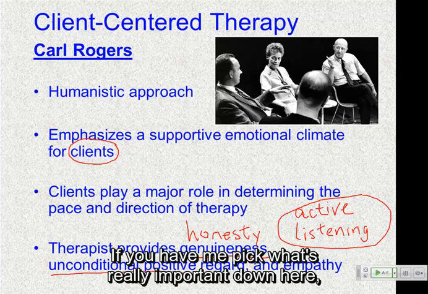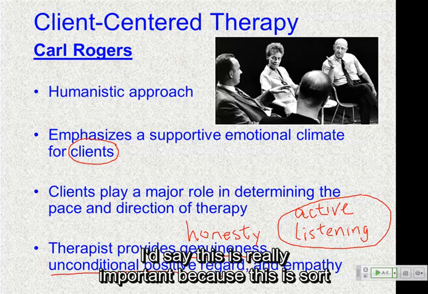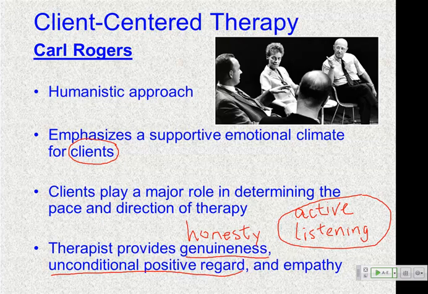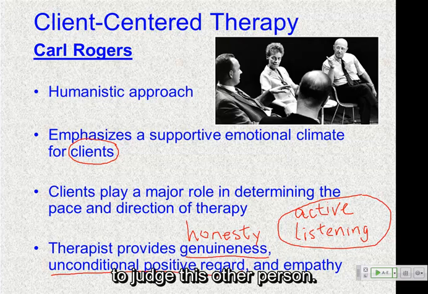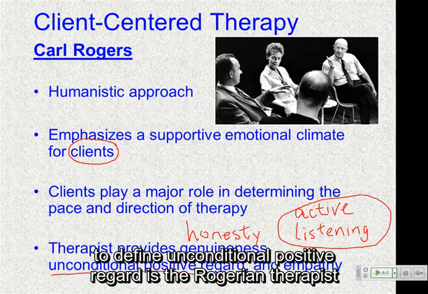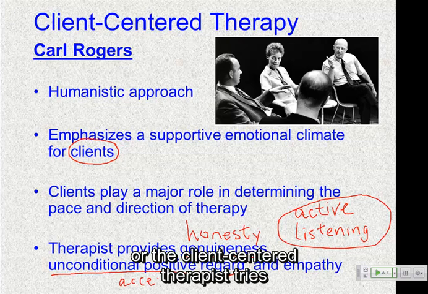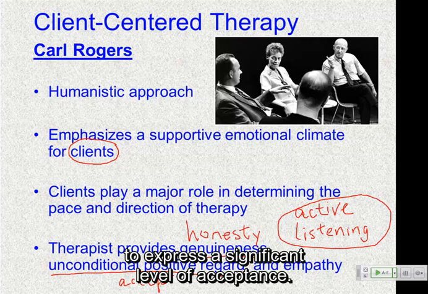Unconditional positive regard. If you have me pick what's really important down here, I'd say this is really important, because this reflects a relationship where you're not going to judge this other person. I think the best way to define it is that the Rogerian or client-centered therapist tries to express a significant level of acceptance.